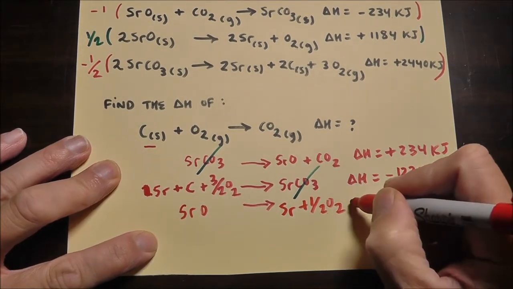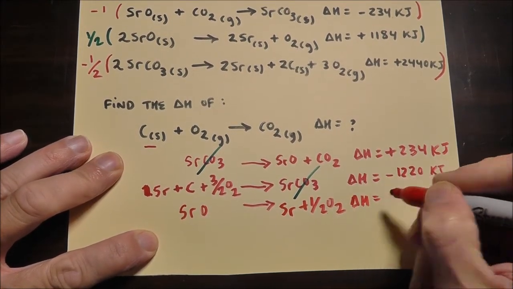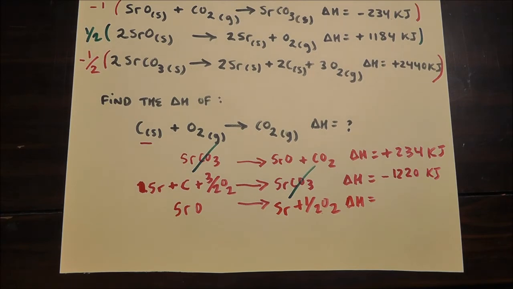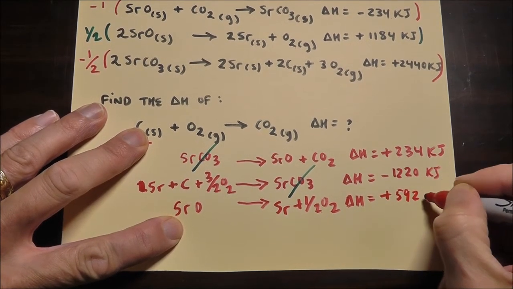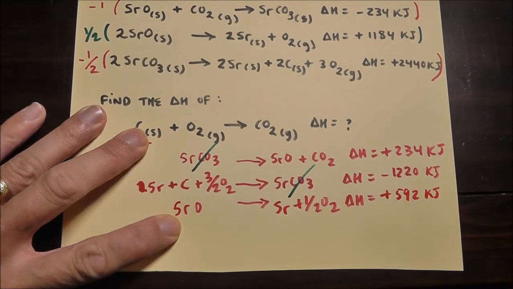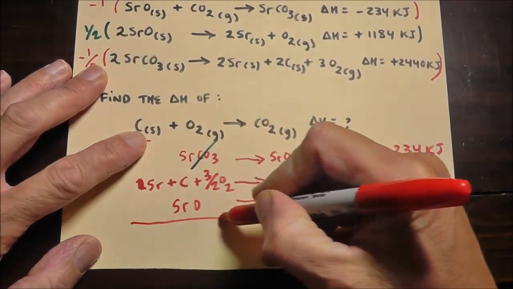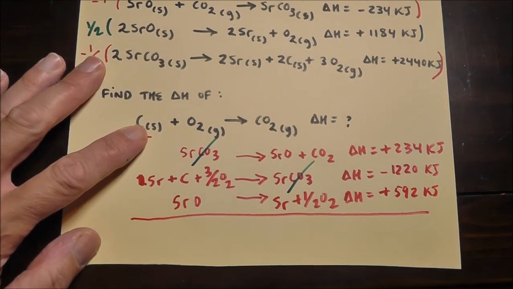And then the delta H would now be still positive, but 1/2 of 1,184, positive 592. Sorry, my handwriting is all kind of jacked up because I'm reaching around a camera tripod.